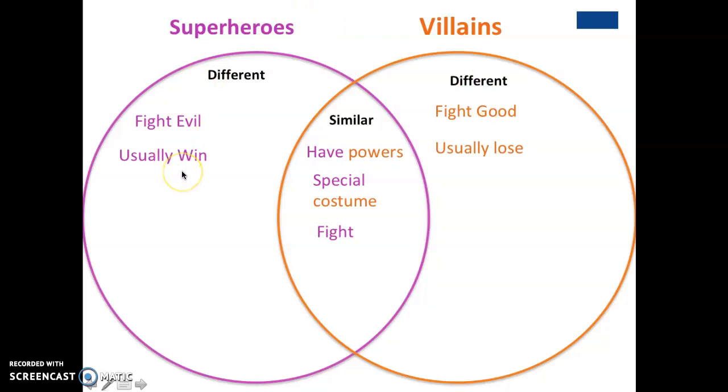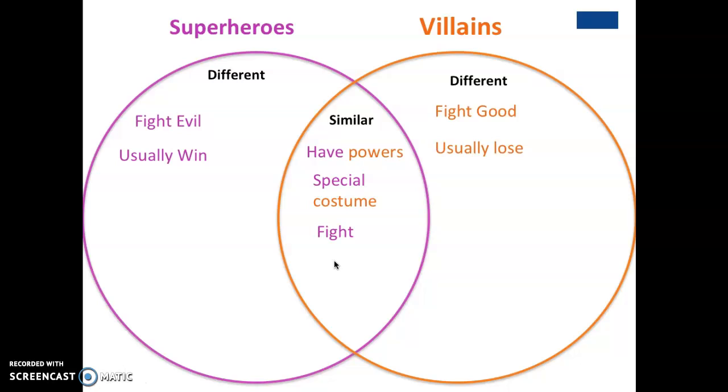Superheroes usually win, and villains usually lose. And even though they're very different, they're on different sides, they do have some things in common. They both have powers, they both wear special costumes, and they both fight.